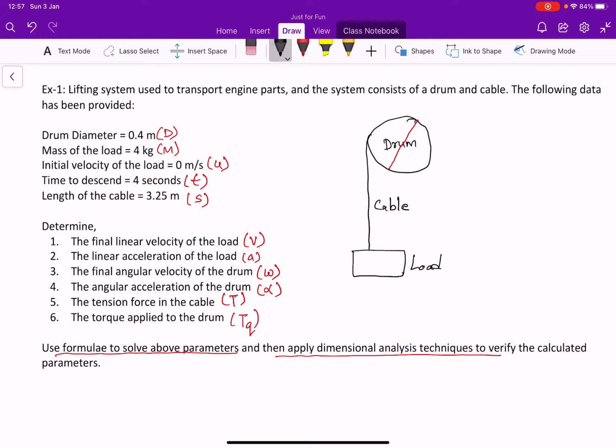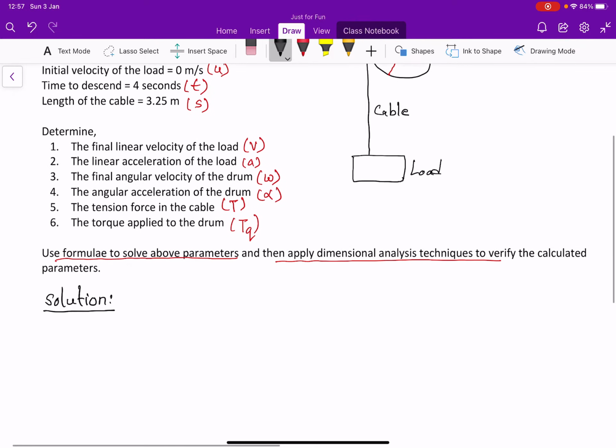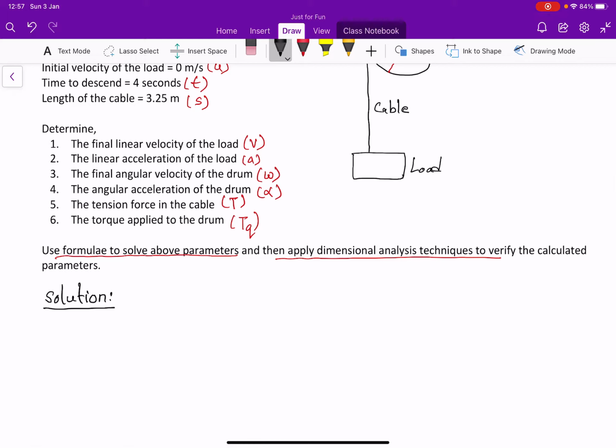So first we're going to write this solution here, and to make things easy, I'm going to go through this solution very slowly and step by step. On my left hand side, I'm going to solve these parameters one by one using formula.